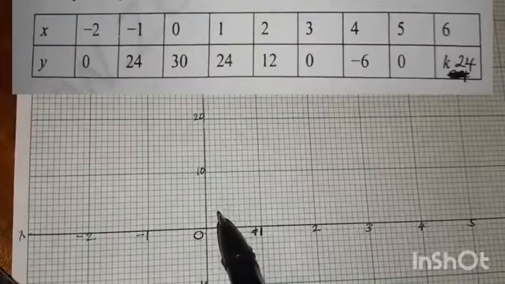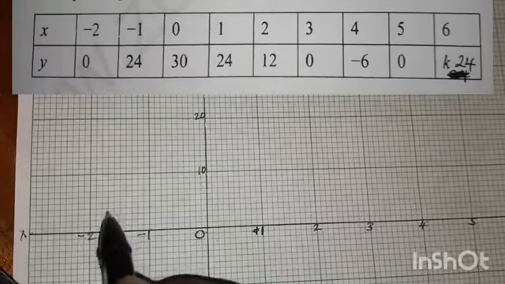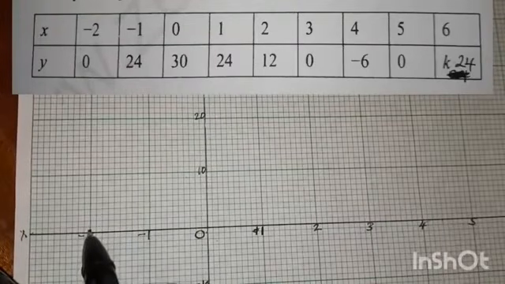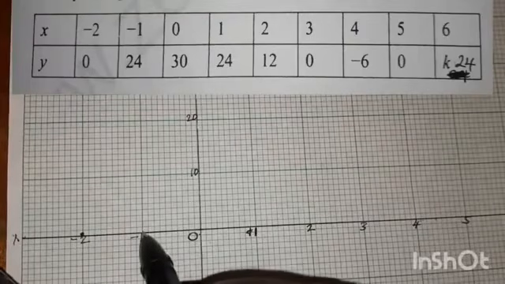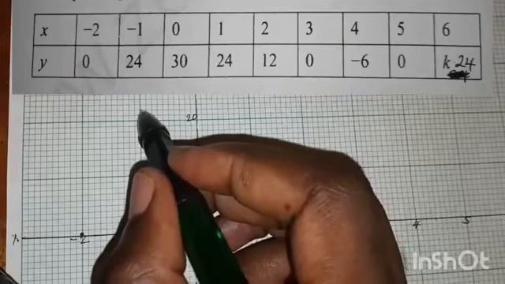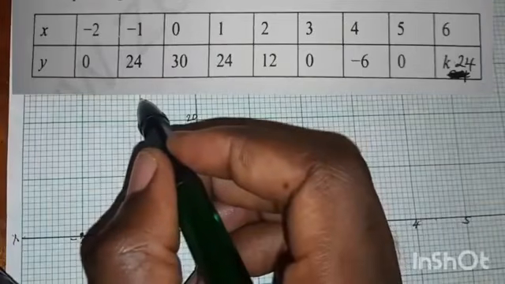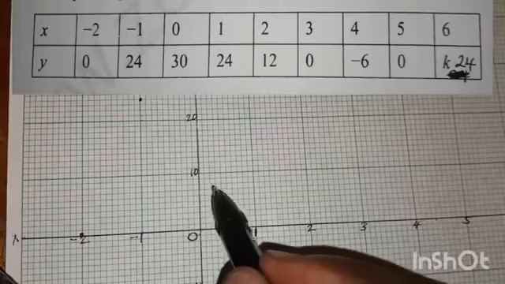So we have negative 2, 0. The x-coordinate is negative 2 and the y-coordinate is 0, so it will just be here. Next, we have negative 1, 24. So negative 1, this is 20, 21, 22, 23, 24. It's here. Then 0, 30.